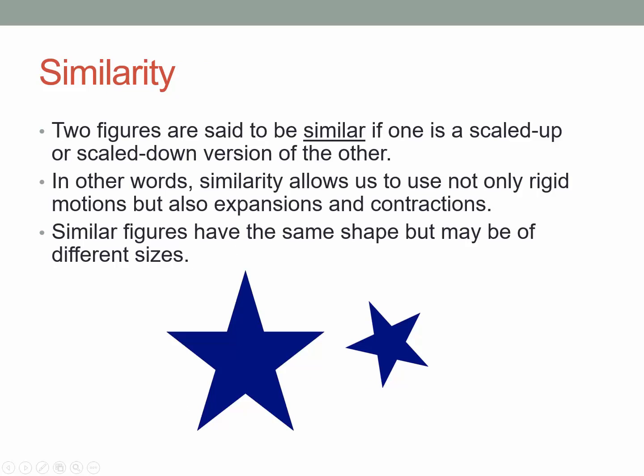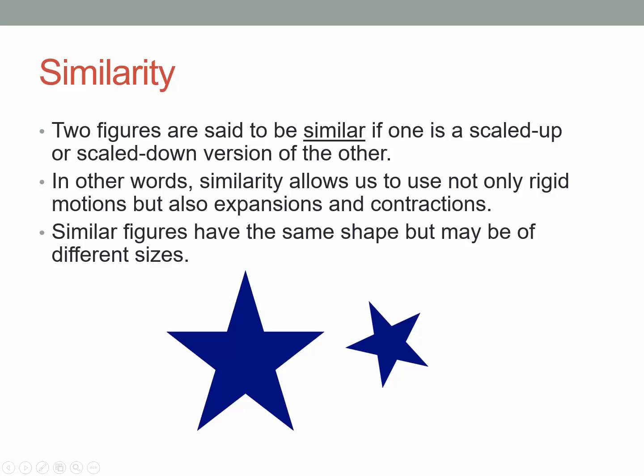Now, what is similarity? Similarity is as follows. We say that two figures are similar if one is a scaled up or scaled down version of the other. In other words, when we're working with similarity, we're allowed to use not only rigid motions, but also expansions and contractions that change the size of the object, that make it larger and make it smaller.